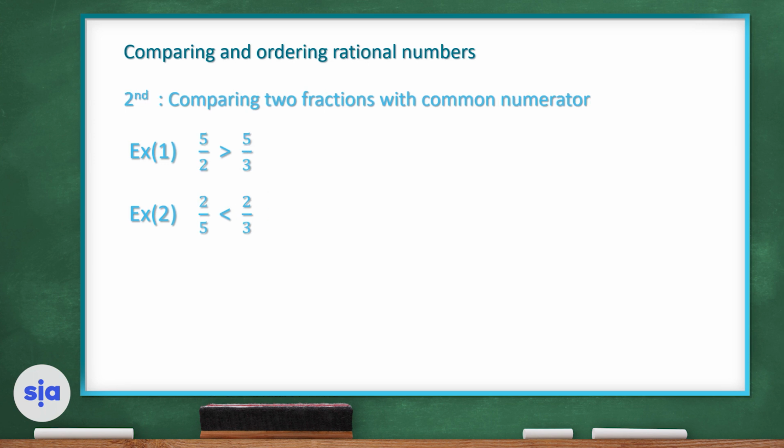The second thing, comparing two fractions with common numerators. If the numerators are the same, then the bigger the denominator, the smaller the value. So here in the first one, the denominator is 2 and the denominator is 3. So the denominator that has 2 is less than the denominator that has 3.